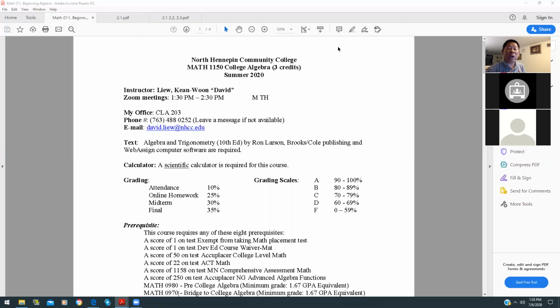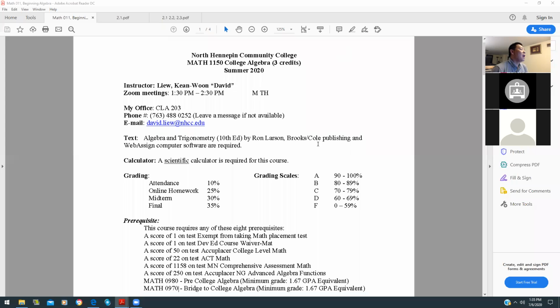So don't throw away your book if you are going for trigonometry or pre-calculus next semester. Don't throw away your code, because we are using the whole book for two semesters. Once you go to Calculus 1, you use a new book, and that book is also good for three calculus classes. So do not throw away anything. We try to save you money.